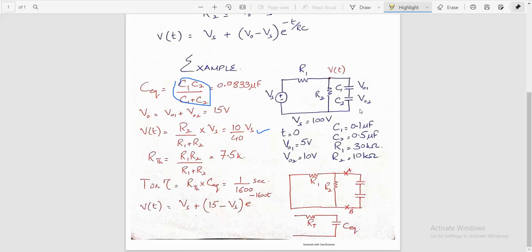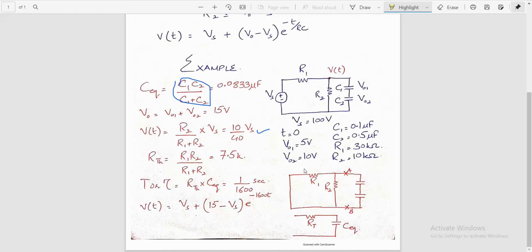There was a source, one resistance, and one capacitance. So capacitance can be treated as the load. The voltage and the resistance are the Thevenin equivalent voltage and Thevenin equivalent resistance.